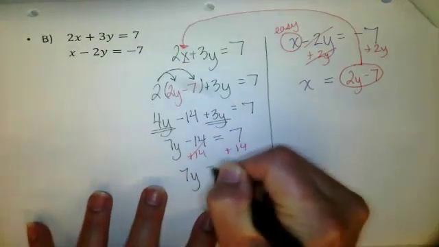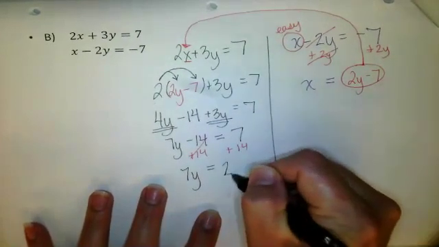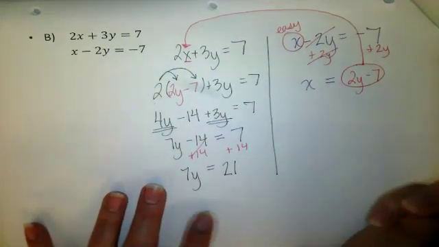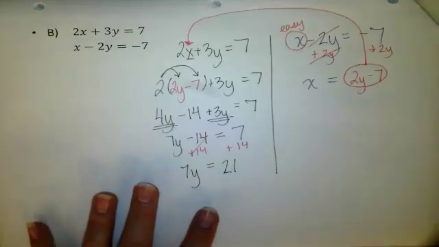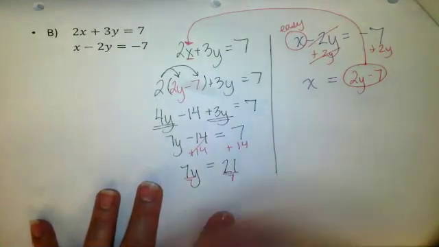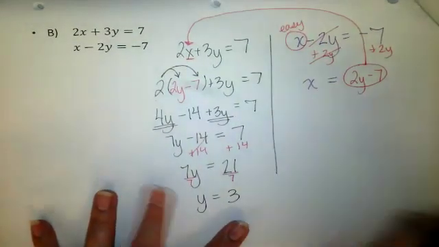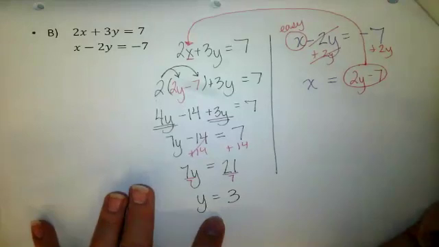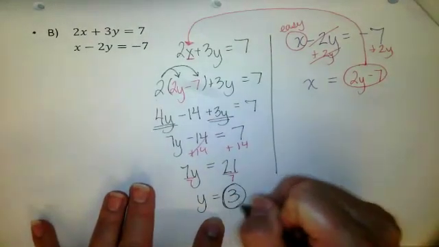So 7y equals, 7 plus 14 is? 21. Is y by itself? We need to divide by 7, so we get y equals 3. Are we done? What do we need to do with this y equals 3?